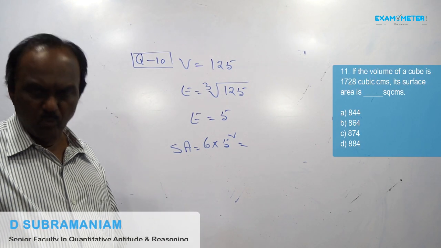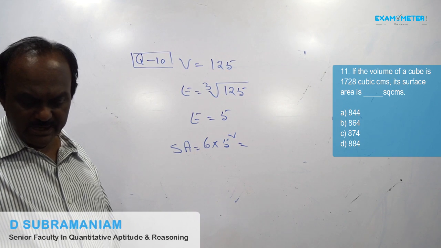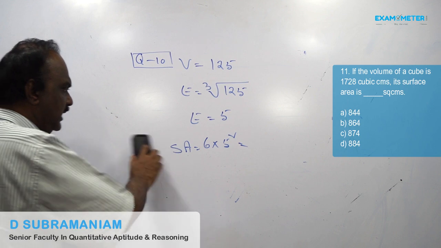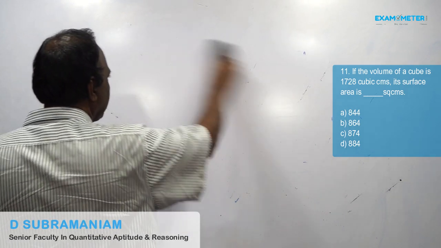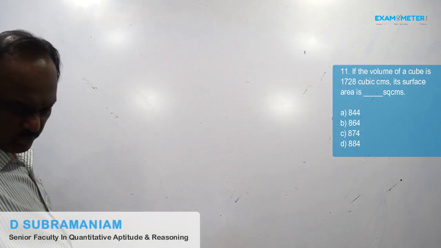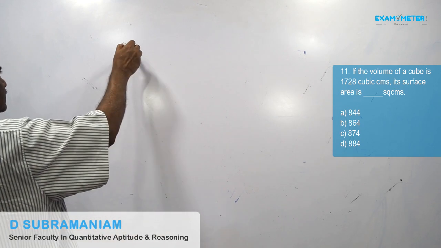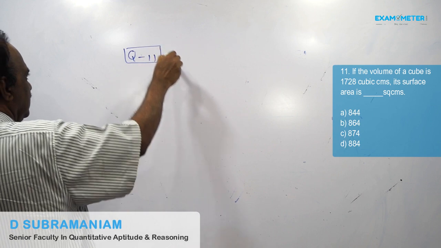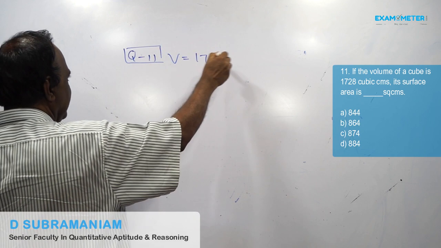If the volume of a cube is 1728 cubic centimeters, its surface area is how many square centimeters? Question number 11. Volume is equal to 1728.